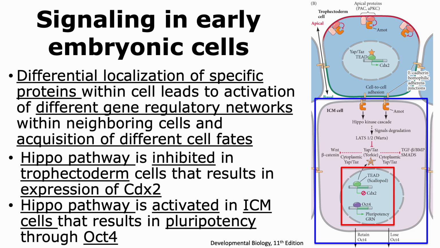OCT4 is a protein that plays an important role to activate the pluripotent gene regulatory networks. Thus, the main difference between the trophectoderm and the ICM cell is the presence or absence of CDX2. Additionally, in ICM cells, we are starting to see the expression of genes that are important in maintaining pluripotency.